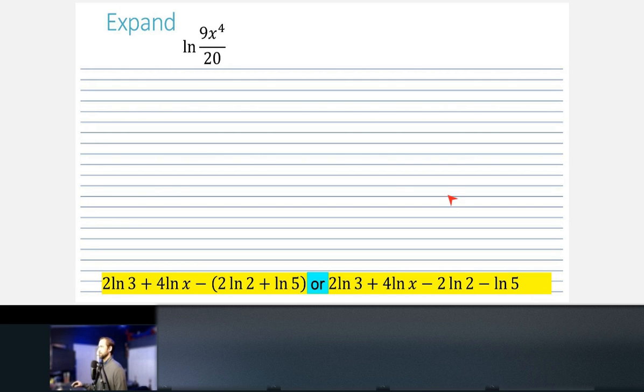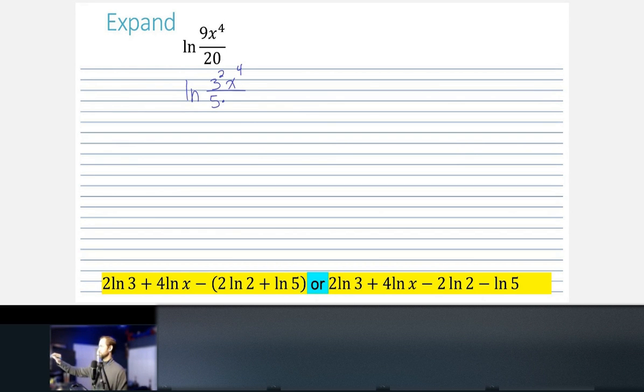Okay. Let me just quickly run through this problem. We wrote everything as prime factors with exponents. So natural log of 9 is 3 squared. 20 is 5 times 4, or 5 times 2 squared.